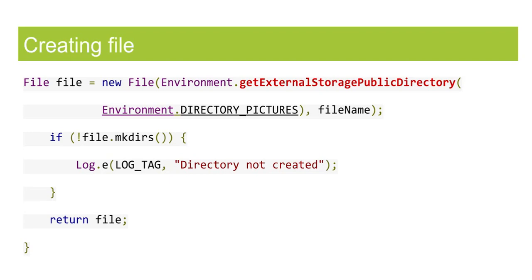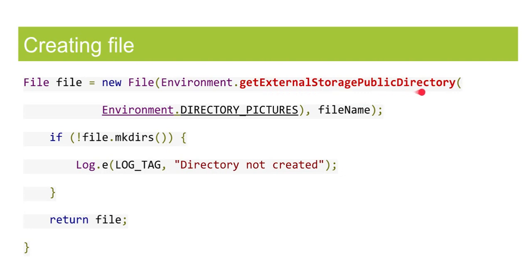If the media is available, if the external storage is available, we create a new file using the method get external storage public directory. This is a long method name, and this is the one parameter for this method.